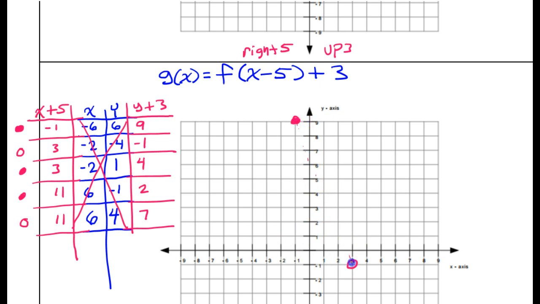These are pretty far away. It makes me want to cheat and use my line drawing tool. Okay, that's pretty good. Now the next segment has closed circles on either end. 3 comma 4. So here's 3 comma 4, closed circle. And then 11 comma 2.